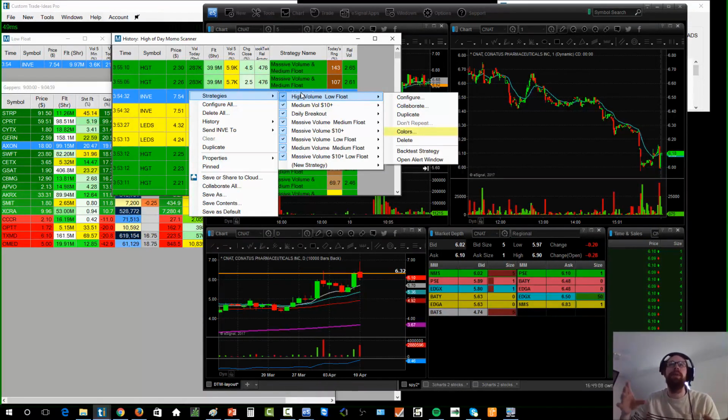And also to separate the scanner, because it's one thing to just look for stocks that are spiking up. It's another to be more specific and say, this is a stock under $10 spiking up. This is a stock under $10 with a float of under 10 million spiking up. That's when you start to really get more granular with the type of stocks you want to look at.